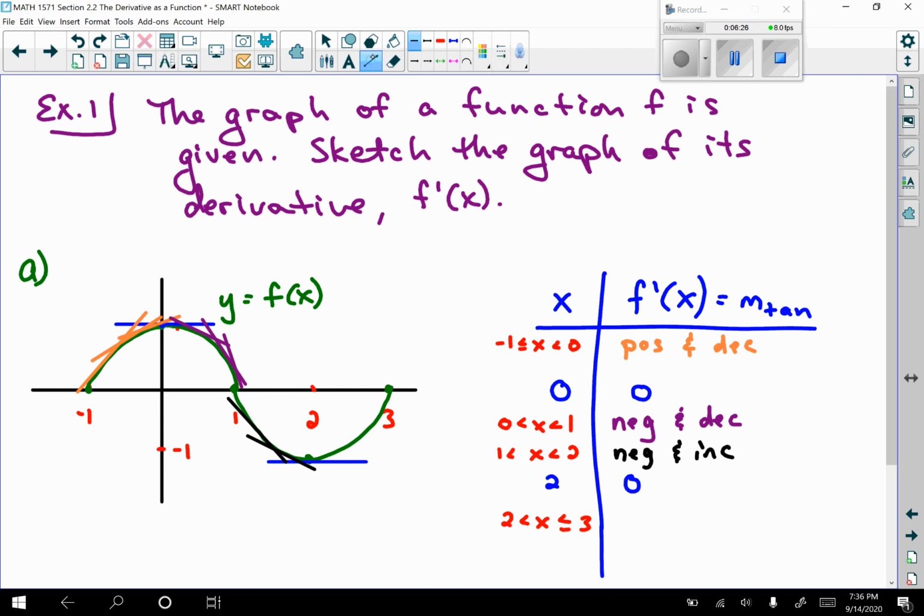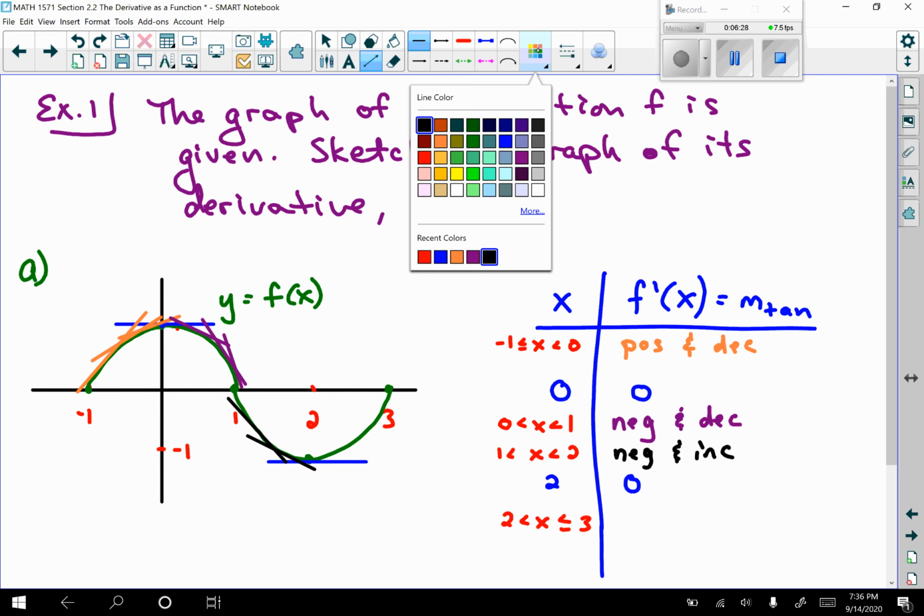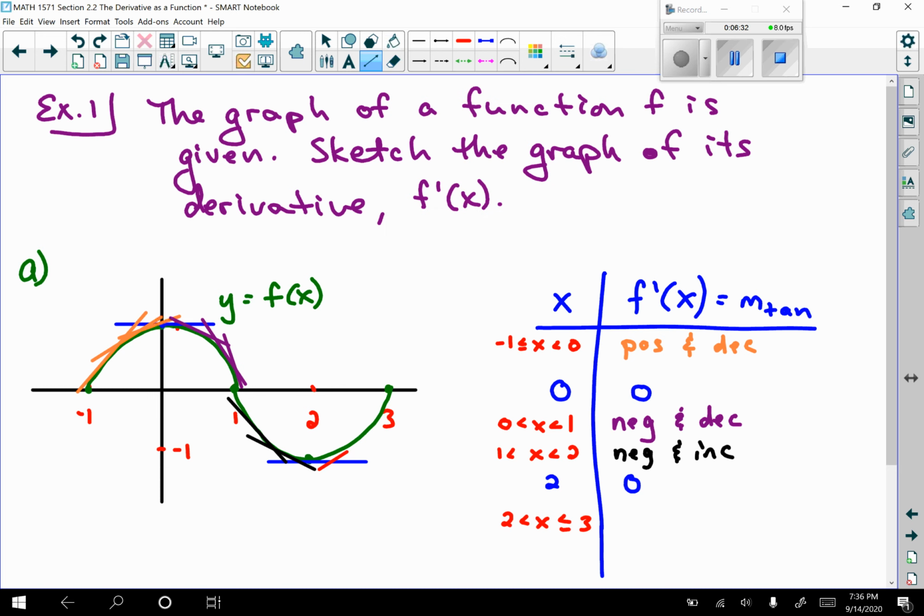And then let's take a look. I'll just go back to red. Between 2 and 3, if I were to draw a series of tangent lines, definitely a positive slope. And then if you look, they're getting steeper, so they are increasing. So between 2 and 3, our slopes are positive and increasing.